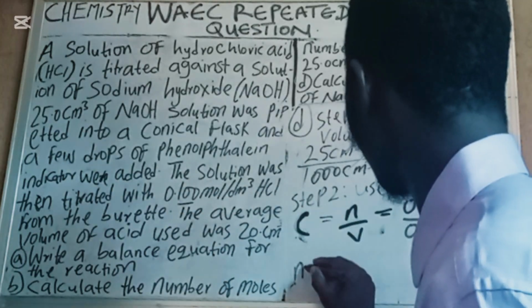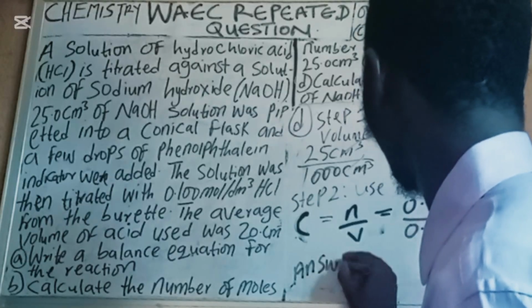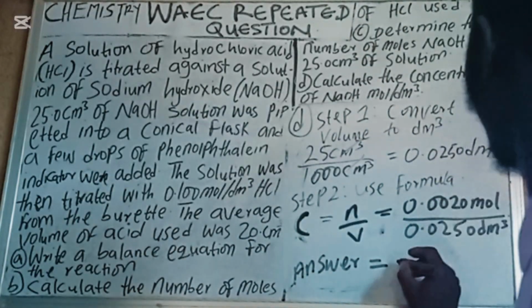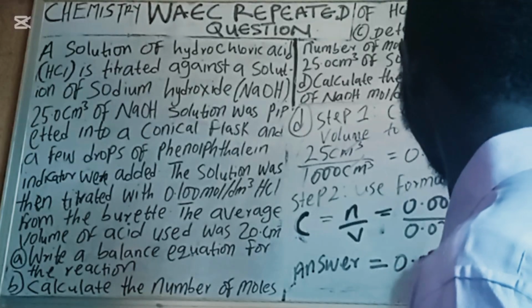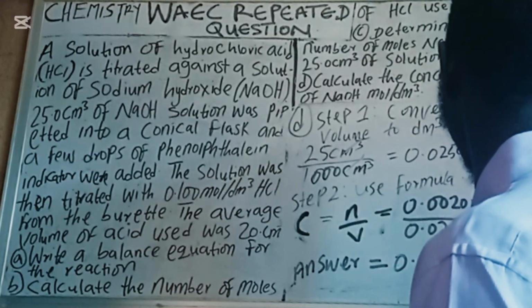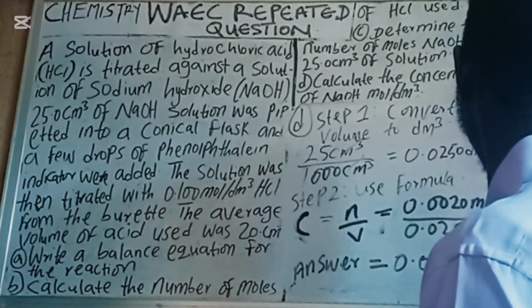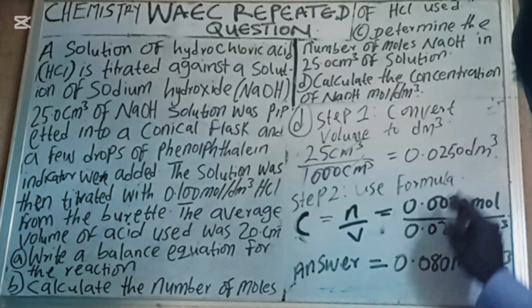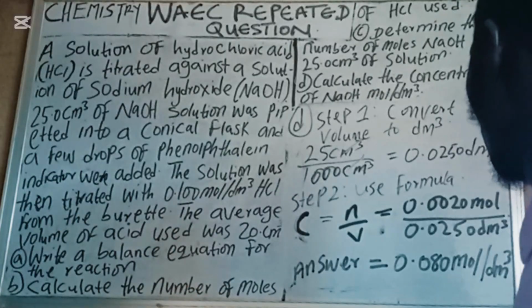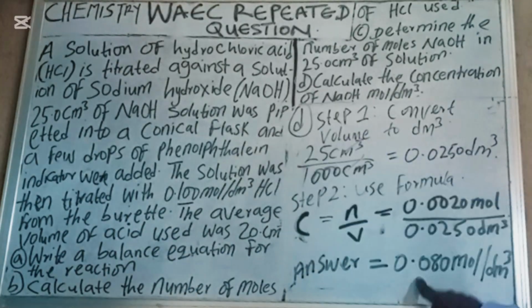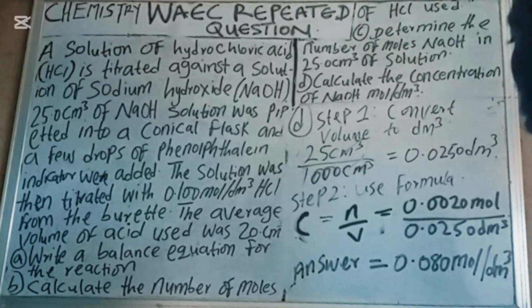So our answer is equal to, when you divide this value, you are going to get 0.080 mole per dm cube, because you have mole and dm cube here. You are just dividing the values. So you see that our answer of question D now is successfully given.